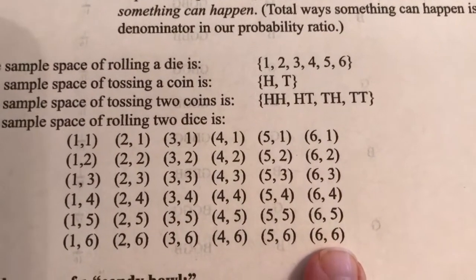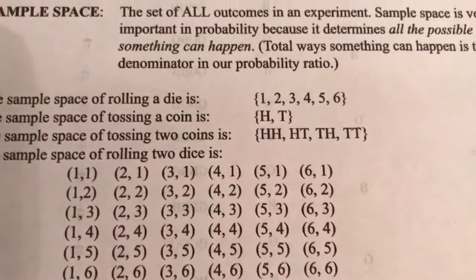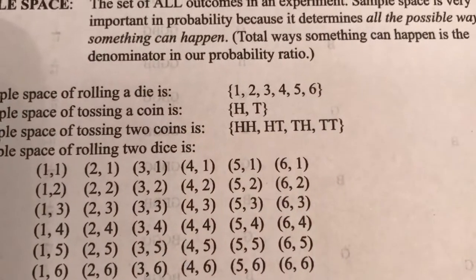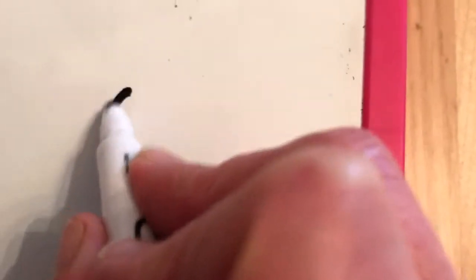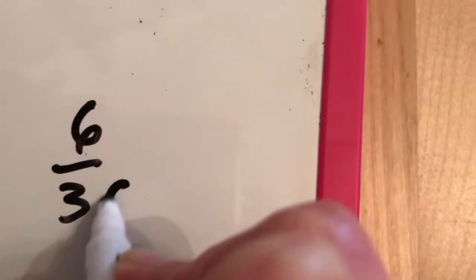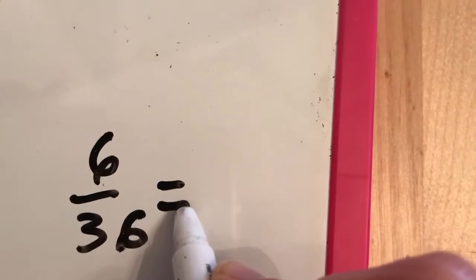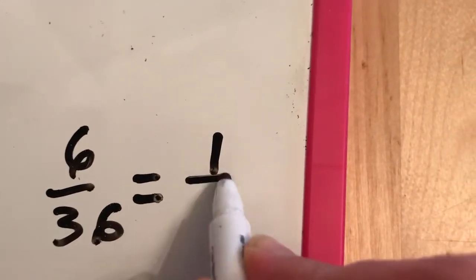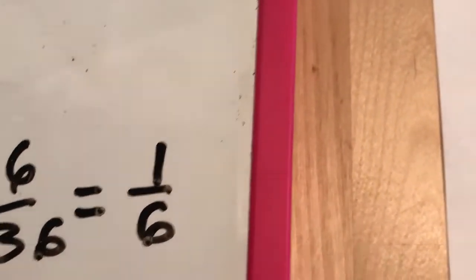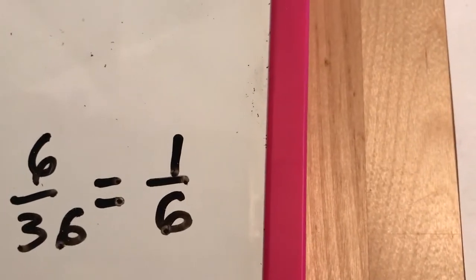So there are 6 possibilities out of the 36 choices, and so that probability would be 6 out of 36. Because I'm using fractions, I do want to convert to lowest terms, and so that's the same as a 1 in 6 chance, or a 1/6 probability.